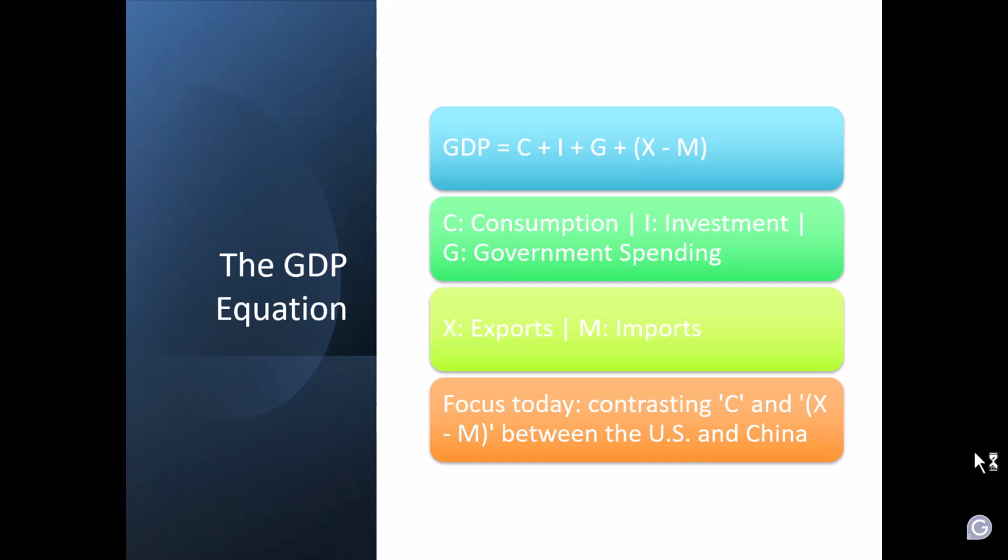But it is not the complete picture. GDP has other components. And I want to show you something right here that we need to consider when we're having this conversation.